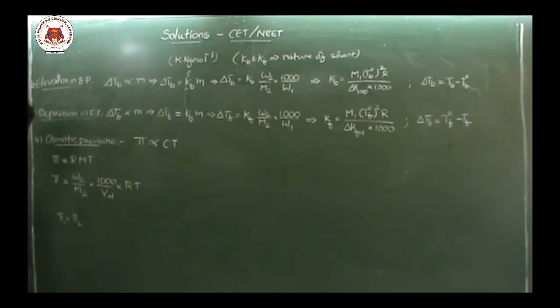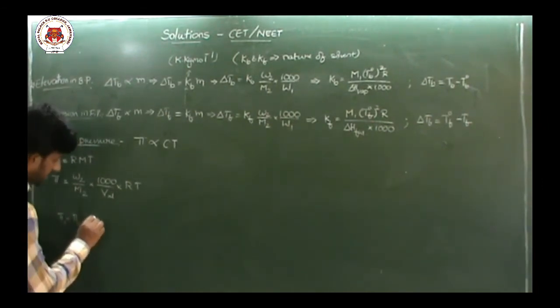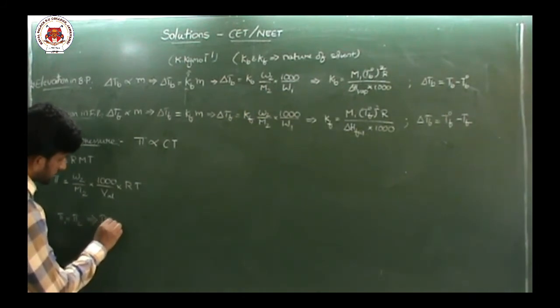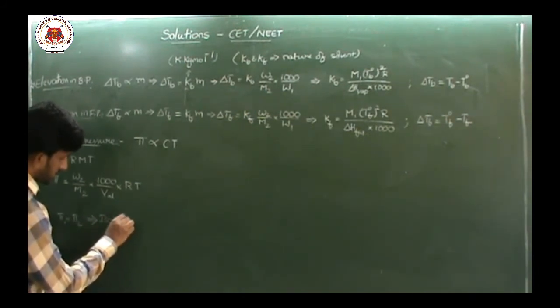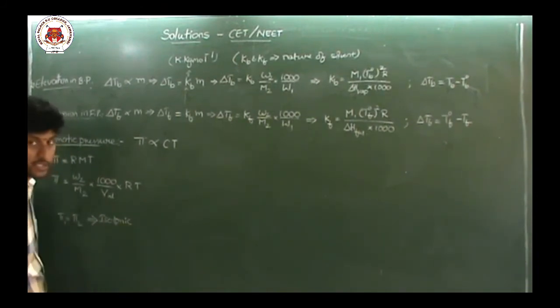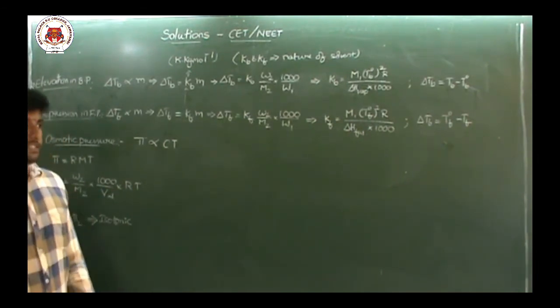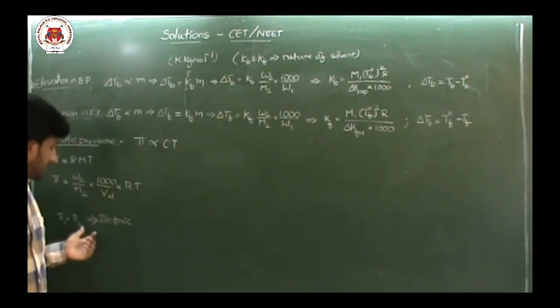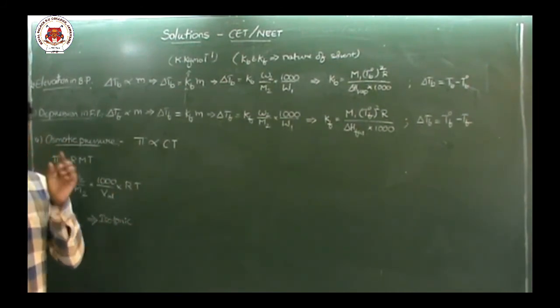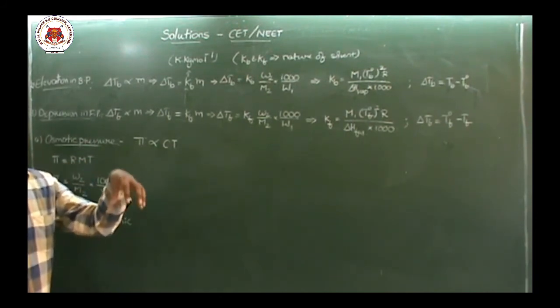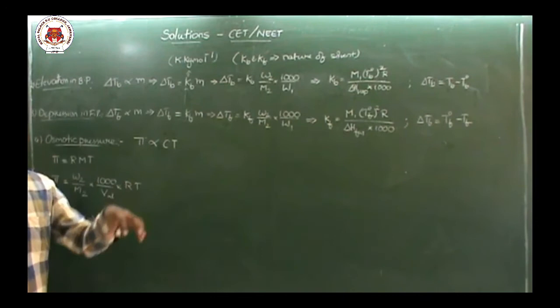Whenever any two solutions have the same osmotic pressure, then those solutions are called isotonic solutions or isoosmotic solutions. If there is a difference in the osmotic pressure, that is either pi 1 is greater than pi 2 or pi 2 is greater than pi 1, the solution with higher osmotic pressure is called a hypertonic solution.